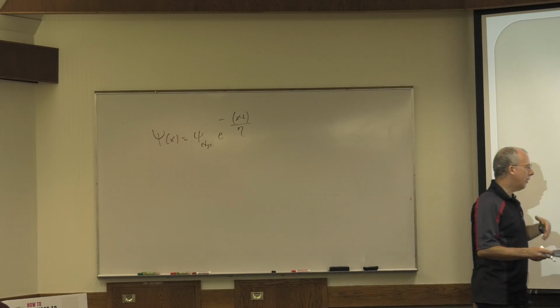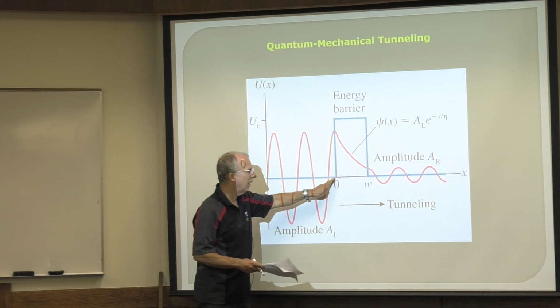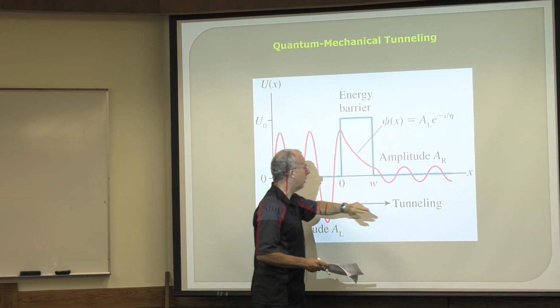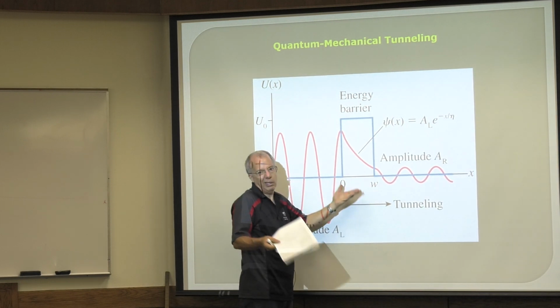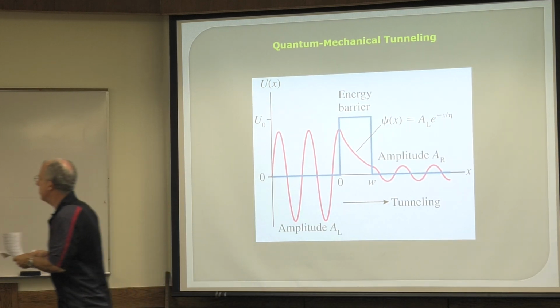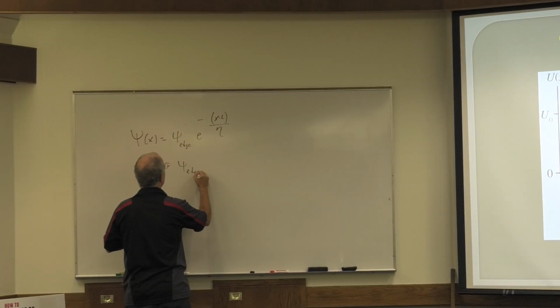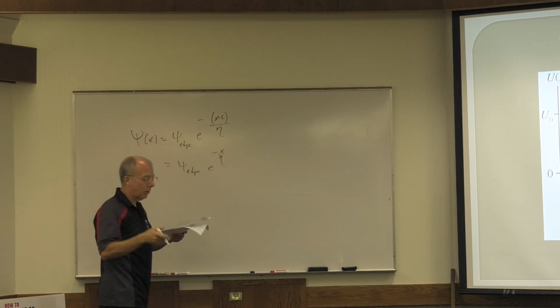When we talked about this last time, we said that this was the length, so this was L. But come on, we're only looking at from here to here, so let's be lazy. Let's call this 0, and we'll call that W. Why not? So now we're going to have psi edge e to the minus x over eta. That's kind of nicer, don't you think?